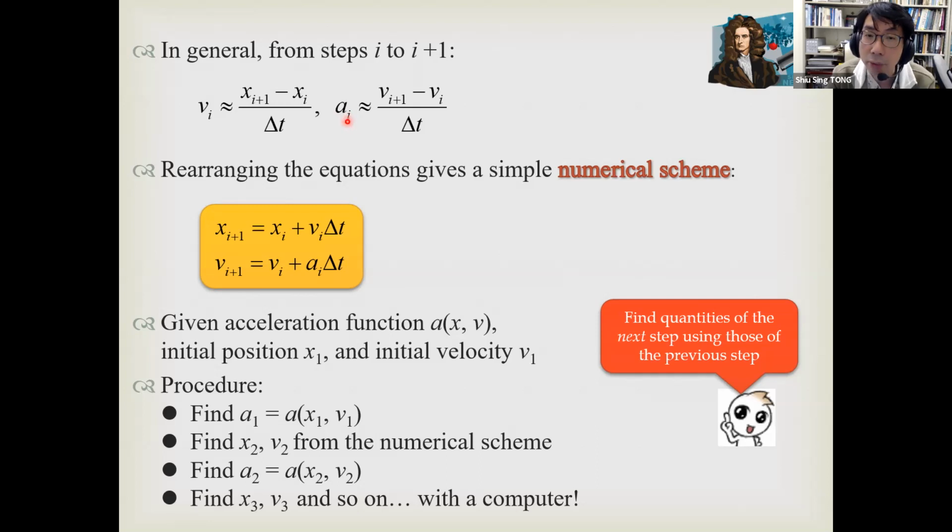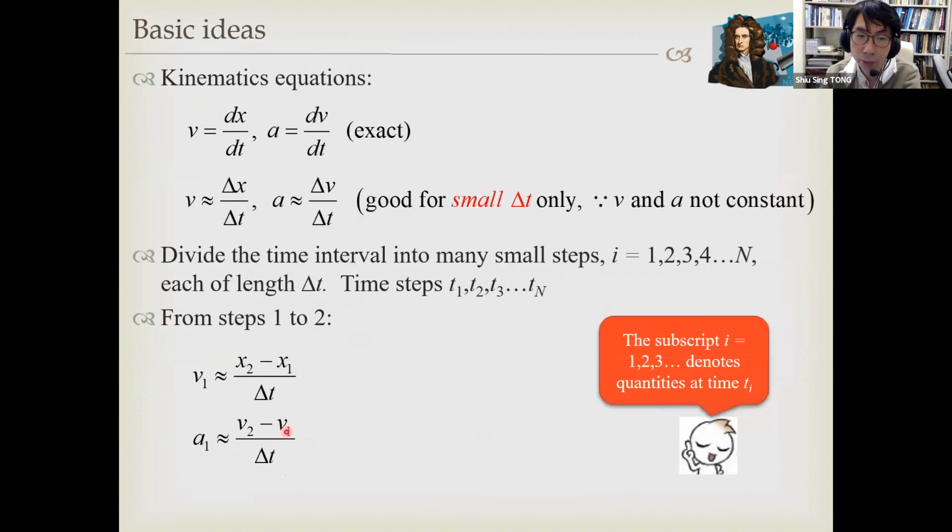And similarly, the acceleration is the velocity at the end of the time interval, vi plus 1, minus the initial velocity vi, divided by delta t. Is that right? So this is the general formula.